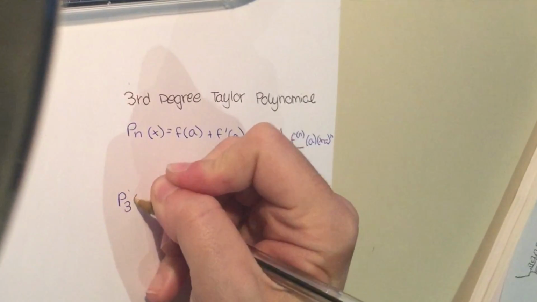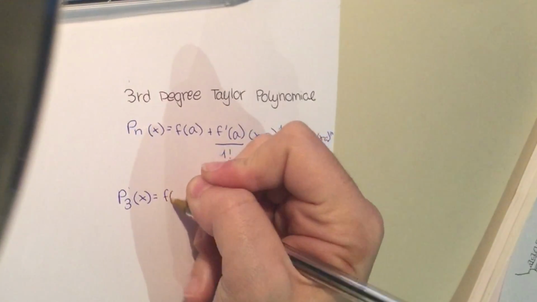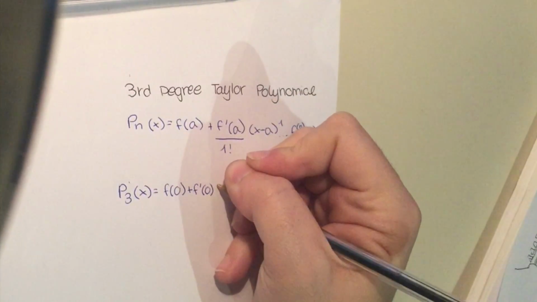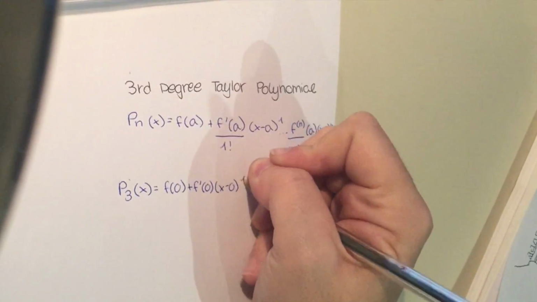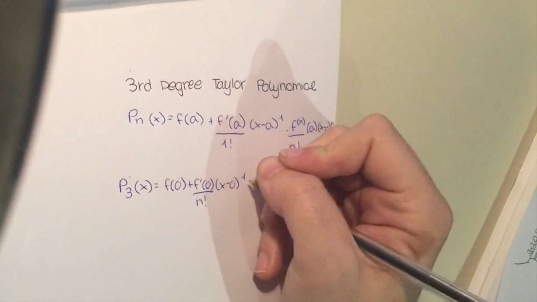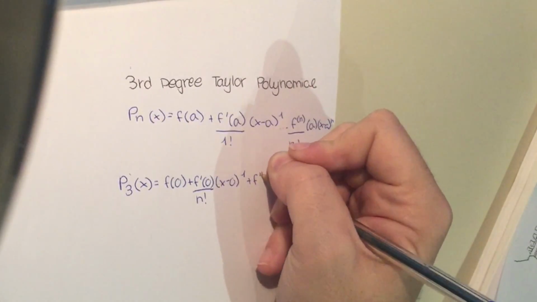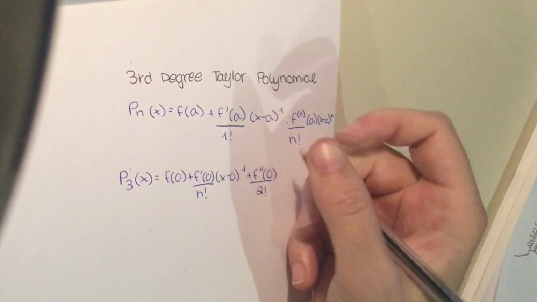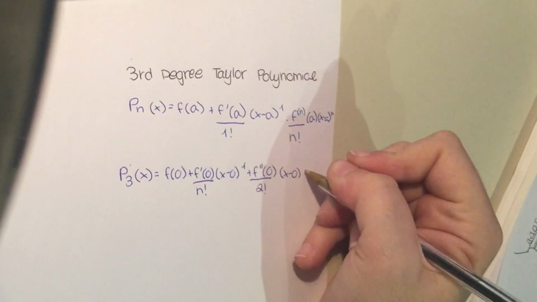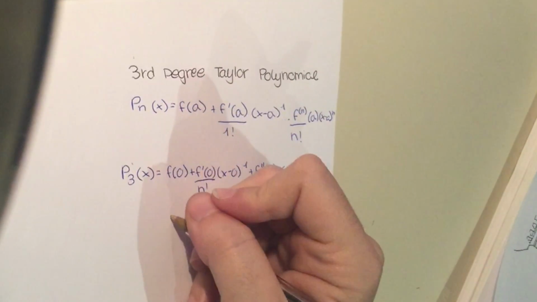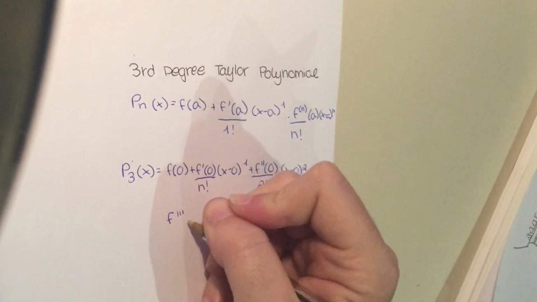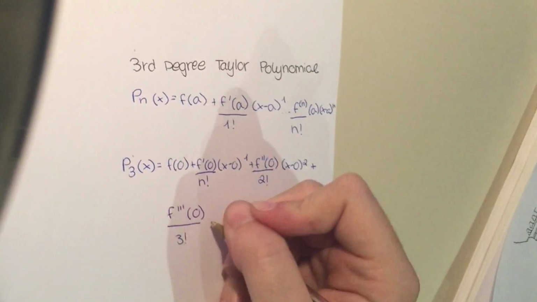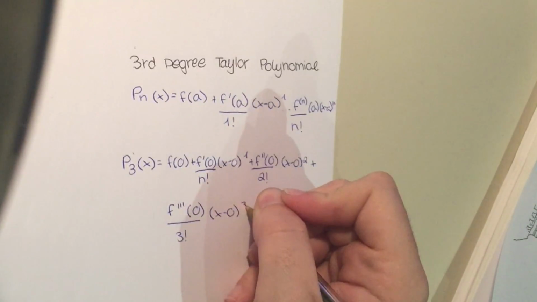third degree, so p3 of x equals f of 0 plus f dash of 0 times x minus 0 to the power of 1 over 1 factorial plus f dash dash of 0 over 2 factorial times x minus 0 squared plus f dash dash dash of 0, which is the third derivative, over 3 factorial times x minus 0 to the power of 3.